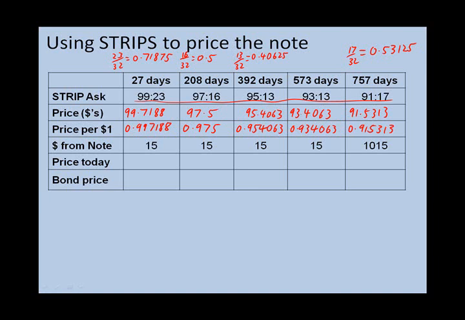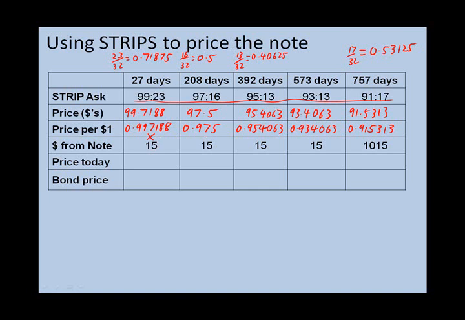We've done all the work now. We know that the price per dollar of a strip maturing in 27 days is 0.997188. And we know that we're going to actually get from our note $15 in 27 days. So to calculate the price today, we're just going to multiply 15 times 0.997188.